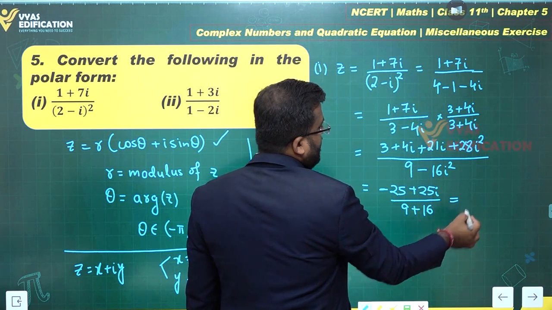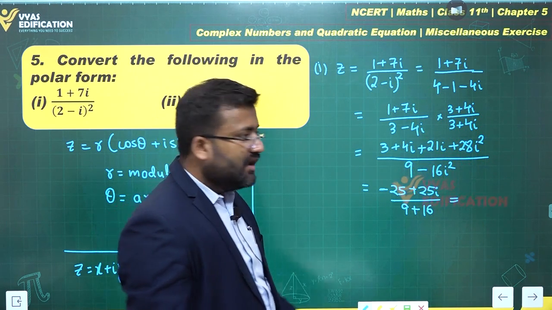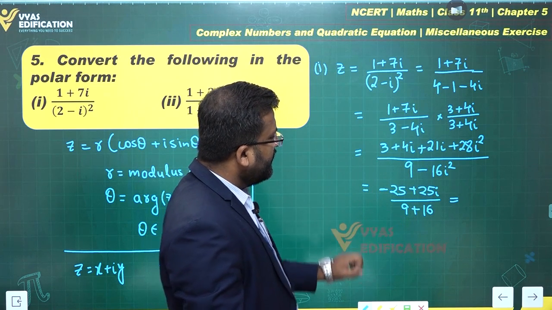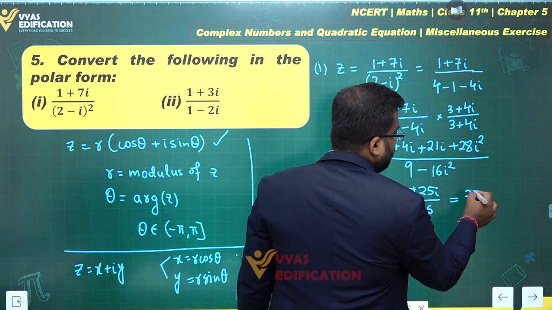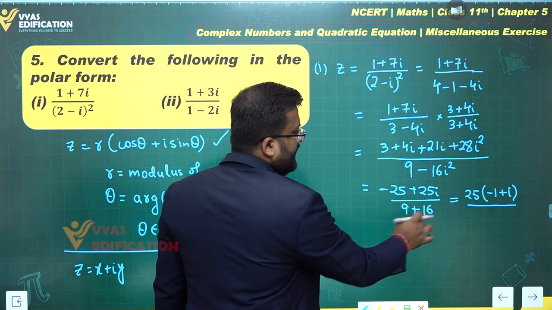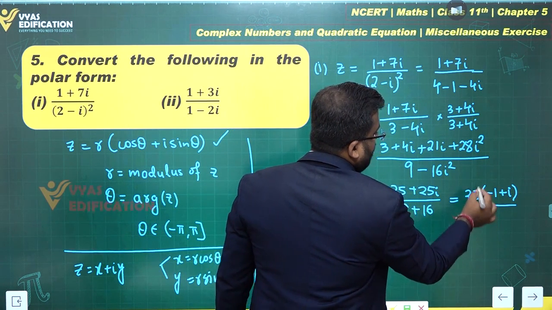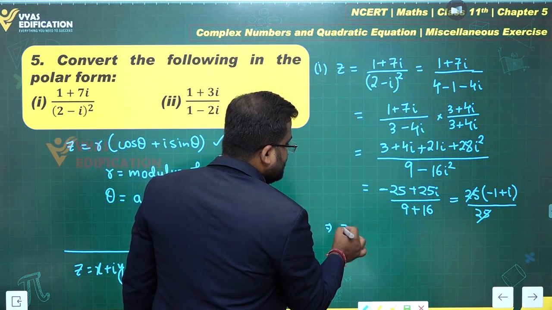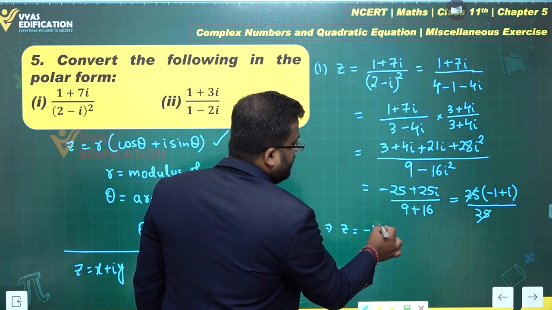Can you observe that you can take a 25 out from the numerator? Minus 1 plus i will remain, and you have a 25 in the denominator as well, which will get cancelled. This implies z is actually equal to minus 1 plus i.